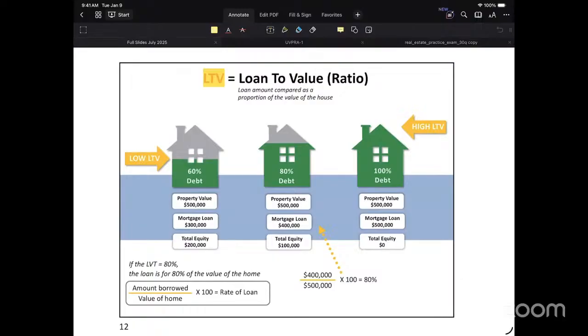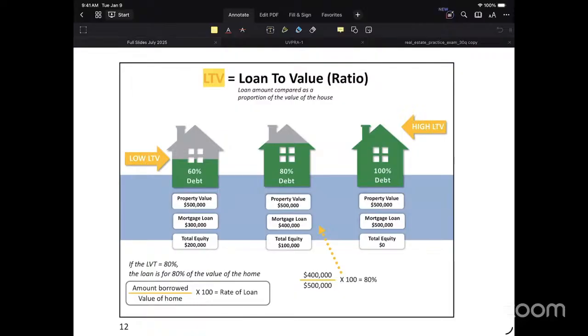You can have a high LTV or a low LTV. The loan to value ratio compares the amount of the loan to the value of the house. So a high LTV would be like 100%. You want to borrow 100% of the value. If the house is worth 150, a 100% LTV loan means you want to borrow 100% of $150,000.